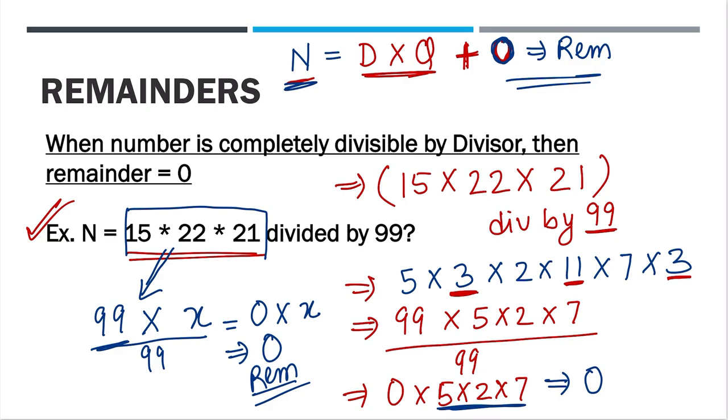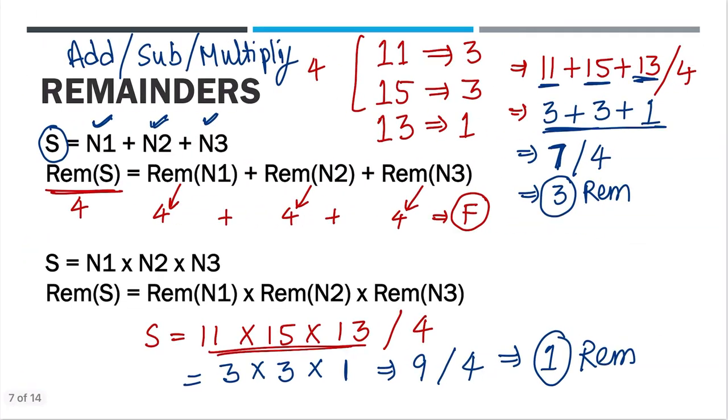We try to extract 99 from it if we can. When we were able to extract 99 from it, we can say 99 divided by 99 is 0, multiplied by anything that is going to give us 0. So this means if you are able to take out 99 from the given number, then that complete number will be divisible by 99.